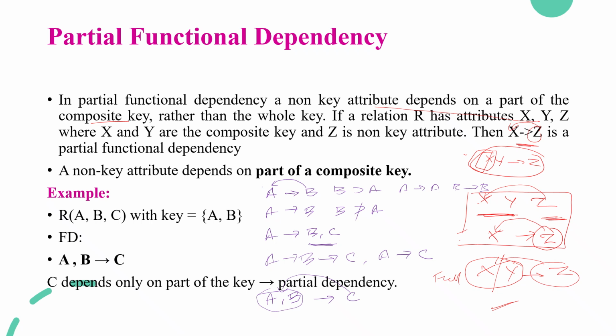A and B cannot be separated, that is fully functional dependency. And if A can determine C, it means C is dependent only on a part of the composite key. So this is a partial functional dependency.